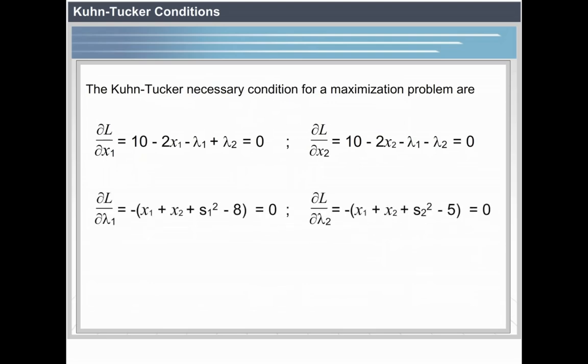∂L/∂λ1 = −(x1 + x2 + s1² − 8) = 0. ∂L/∂λ2 = −(−x1 + x2 + s2² − 5) = 0. ∂L/∂s1 = −2λ1s1 = 0. ∂L/∂s2 = −2λ2s2 = 0.